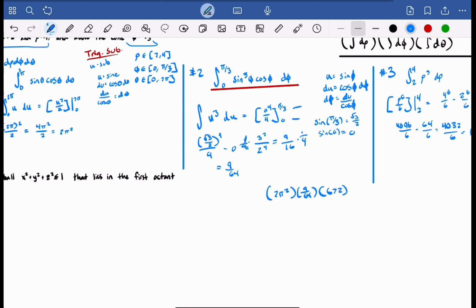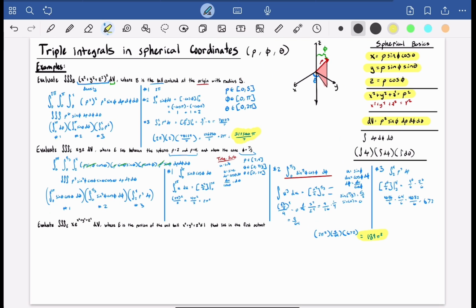It's going to give our answer of 672 times 2 for the pi, so it's going to equal a total of 189 pi squared. That's going to be my solution for this problem.